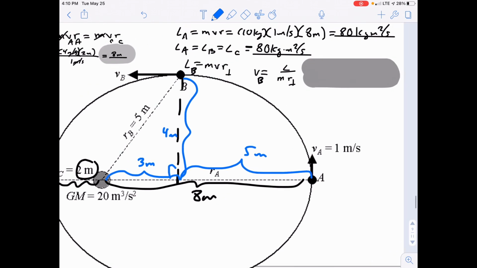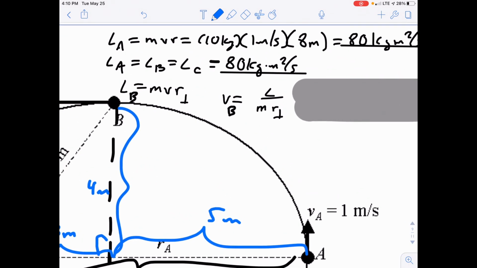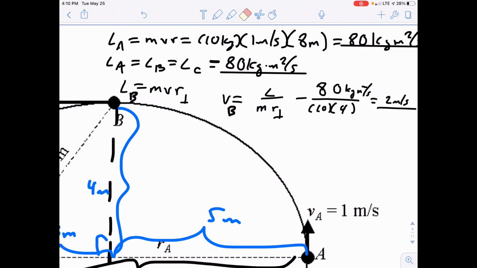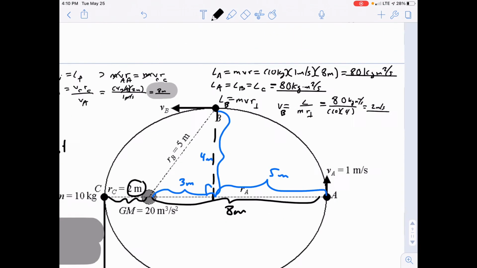So the speed at B is going to be L, which is 80, over m times R perpendicular, which would be 80 kilogram meters squared per second over 10 times 4. 80 over 4 would be 2 meters per second.